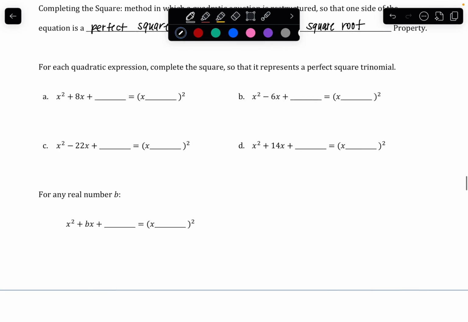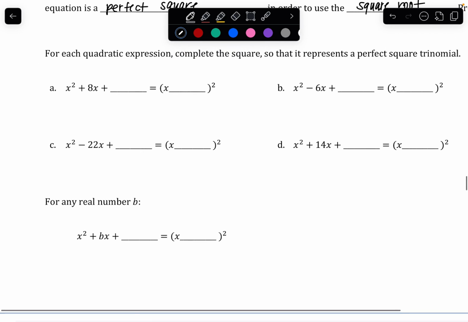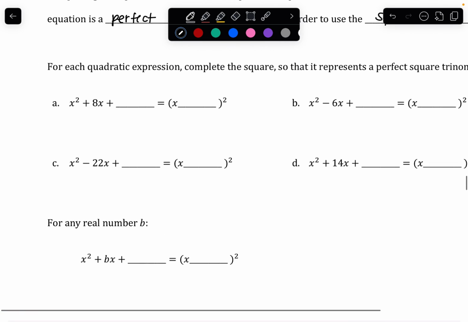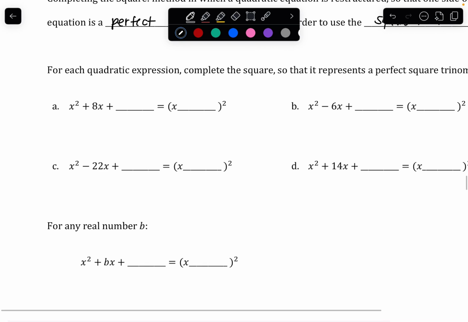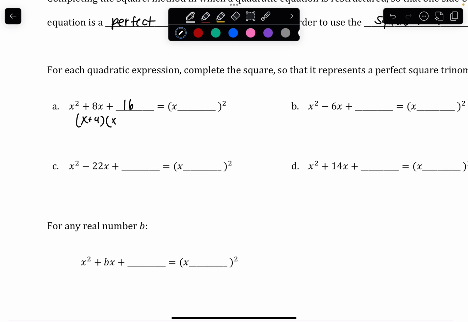Okay, and so to jump to the punchline, we're trying to create a perfect square trinomial. And so if I have x squared plus 8x, if I put a 16 here, this would factor to x plus 4, x plus 4. Because 4 times 4 is 16, and 4 plus 4 is 8. So that could be rewritten as x plus 4 squared.